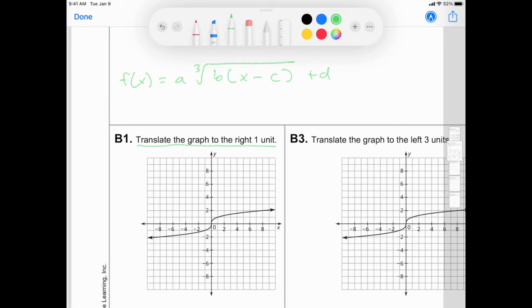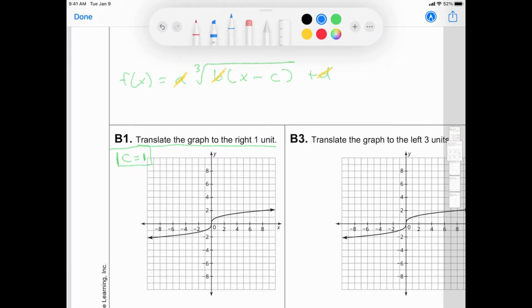Okay, which one do we not need here? Well, this is a C value. And this is a C value of 1, going to the right 1 unit. So I don't need A, B, and D.